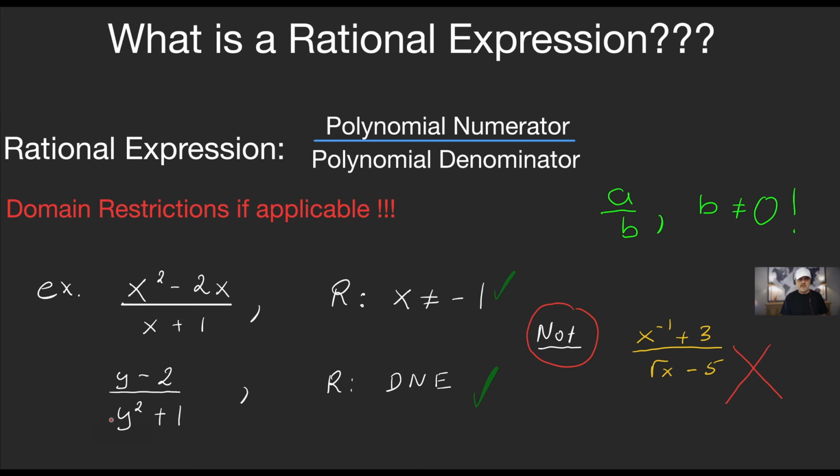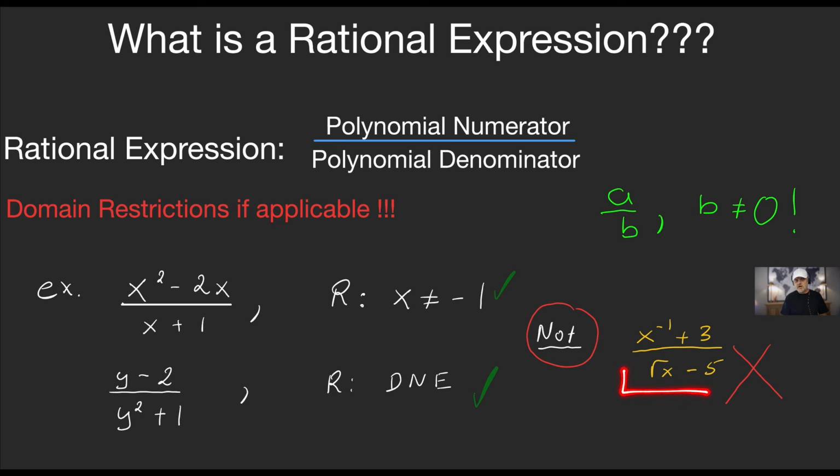You can test it by choosing small, big, negative, positive numbers, just to make your own discovery. But any number, even if you pick 0, squared is still 0, plus 1 is not going to be equal to 0. A negative number squared will be positive, add 1, again, no way this is going to be 0 at any time. So restrictions are not applicable in this situation. All real numbers would work.